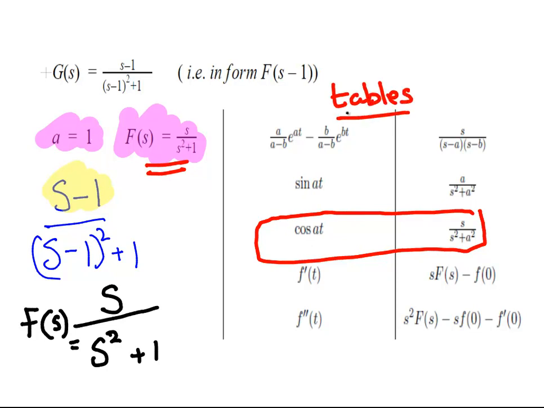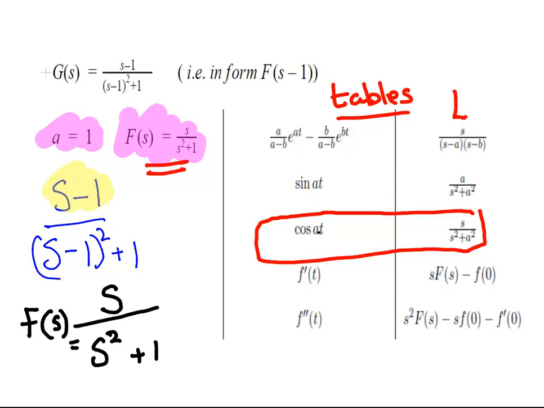This is just a section from my mathematical tables. This is the Laplace side over here, and this is the time domain f of t. So we have this expression here, s over s squared plus 1. That's essentially s over s squared plus a squared, which will go back into the form cos of at.